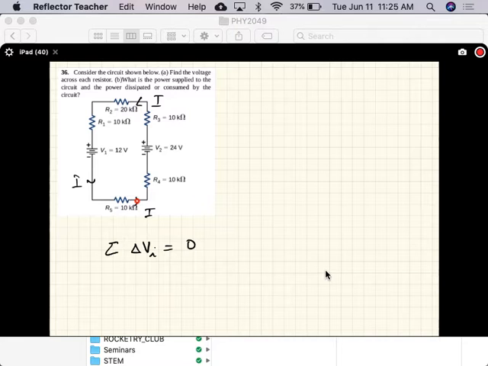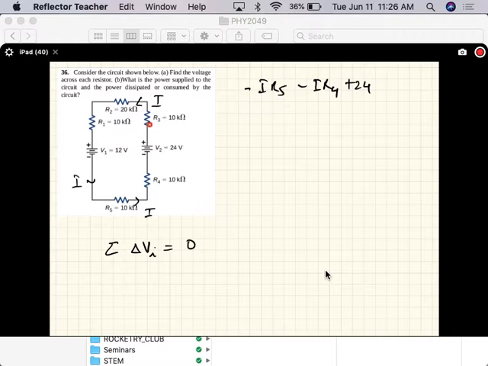All right, so we are going to start here, and when you go with the current, you have a drop in voltage. So the first term is minus IR5, and then minus IR4. You're going with the current. Then you're going from low to high voltage, plus 24 volts.